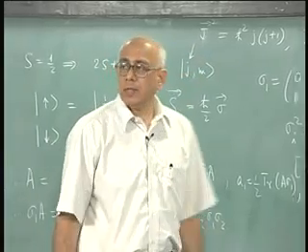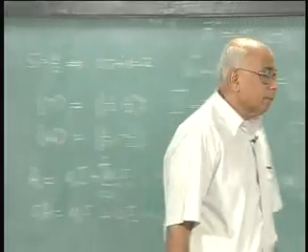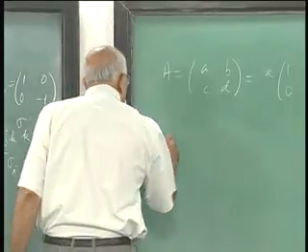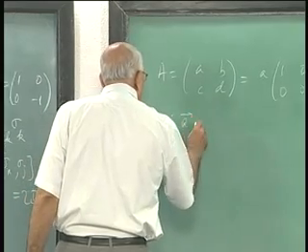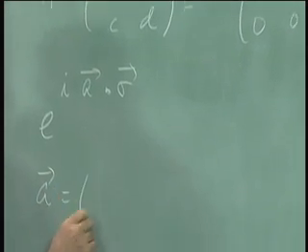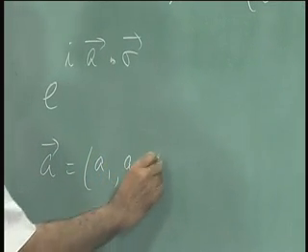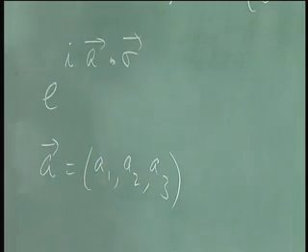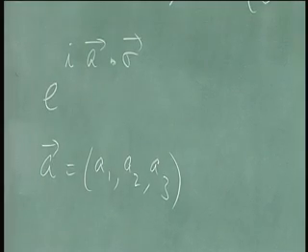The other thing is that exponentiation becomes very simple, because e to the power I a dot sigma, where a is an ordinary vector a1, a2, a3, has a very simple expansion in terms of the cosine and sine of the modulus of a.